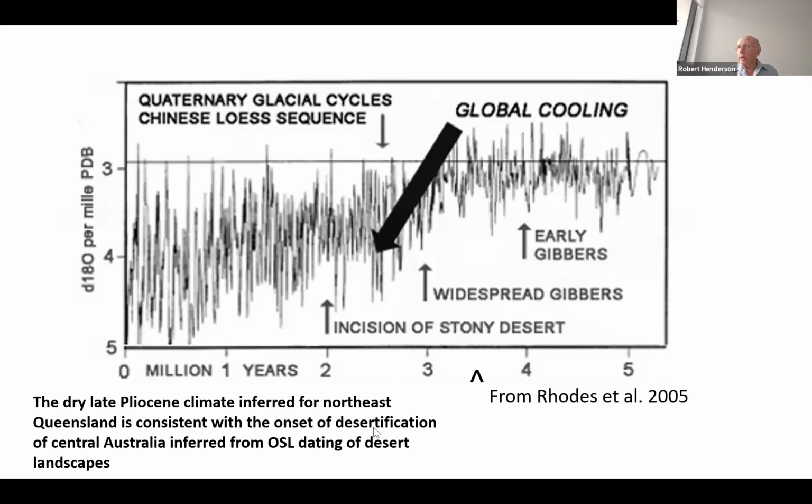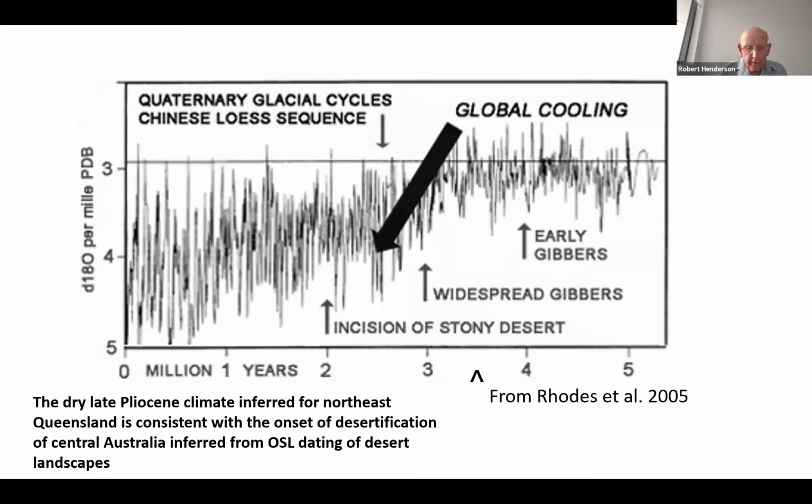Let's have a look at how that climate setup might relate to what we generally see in other parts of Australia. This is a diagram from Rhodes et al. 2005, and these folks did OSL, optically stimulated luminescence, dating of landscapes.